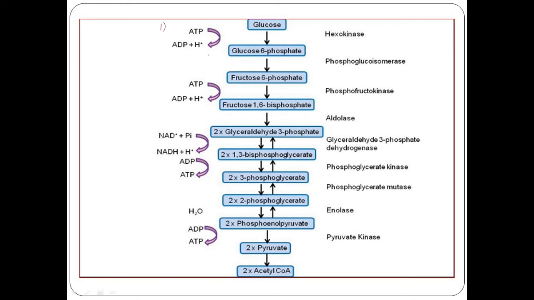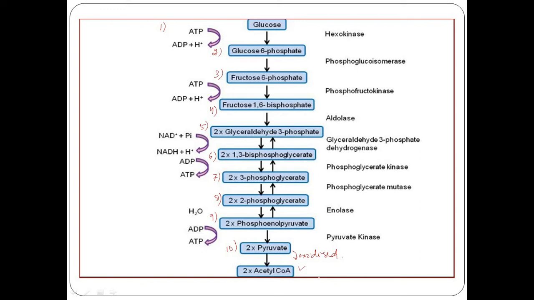This is the first step, second, third, fourth, fifth, sixth, seventh, eighth, ninth, and this one is the tenth. The tenth is acetyl coenzyme A, when pyruvic acid gets oxidized. It is not that necessary.